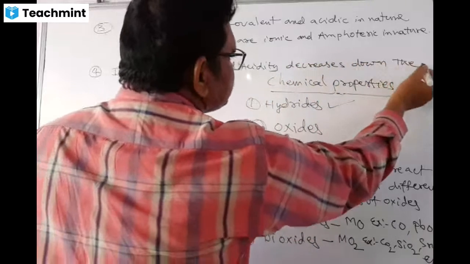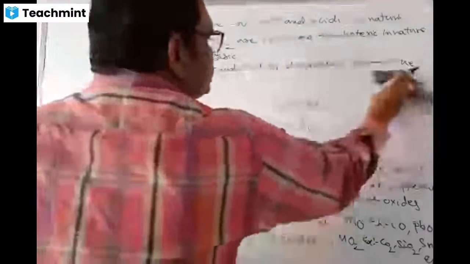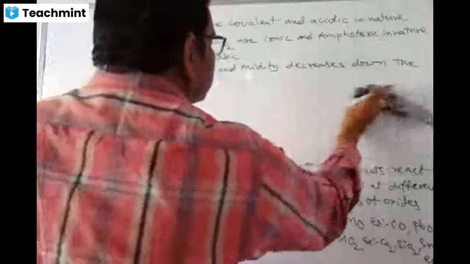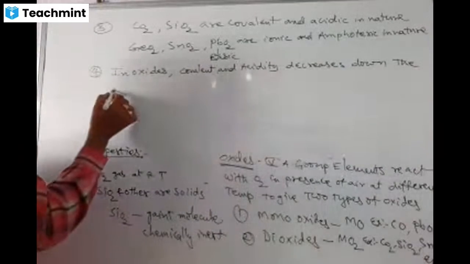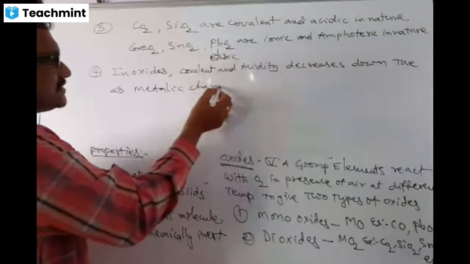Acidity decreases down the group. Why? Because metallic character increases.